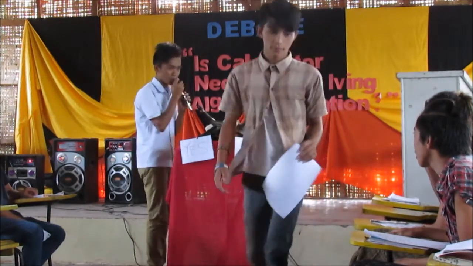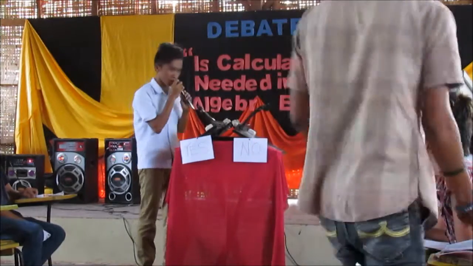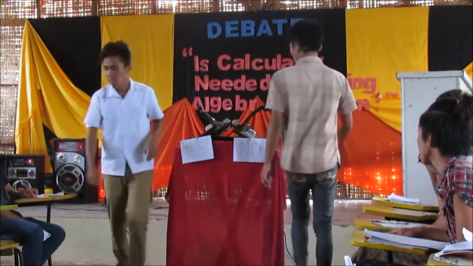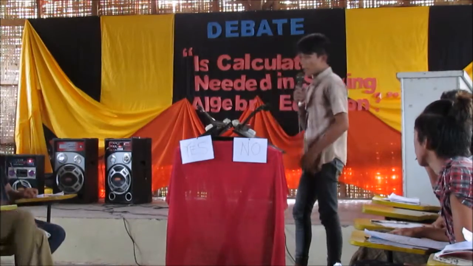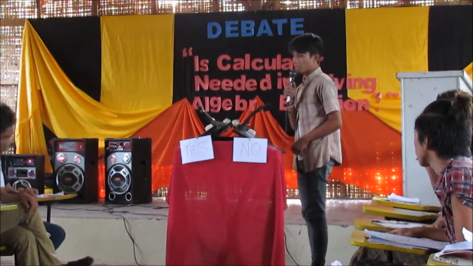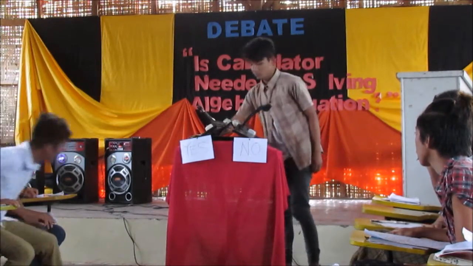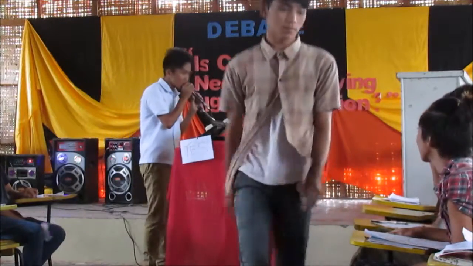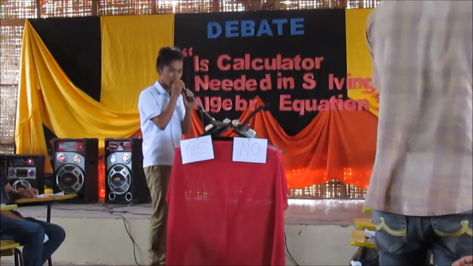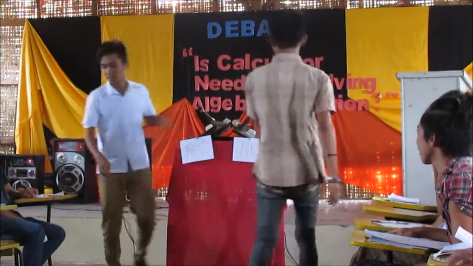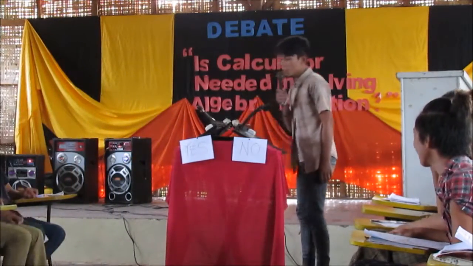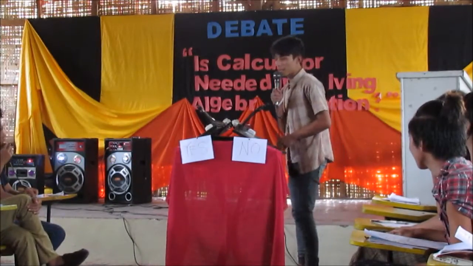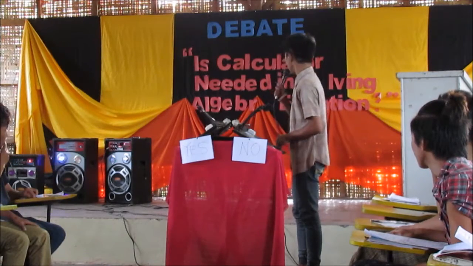Our topic is not about the math summit, it's all about algebraic equation. But my question expands about the algebraic equation. Math summit is not about algebraic equation. Can you hear me? My question talks about algebraic equation.